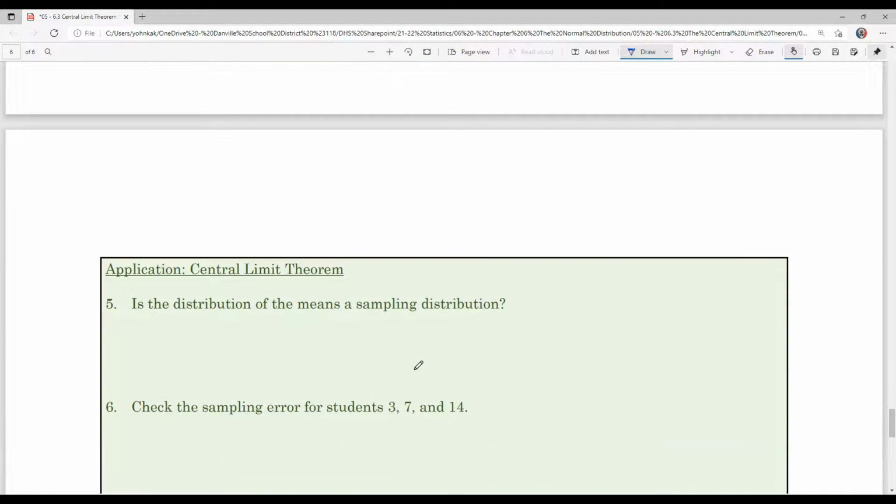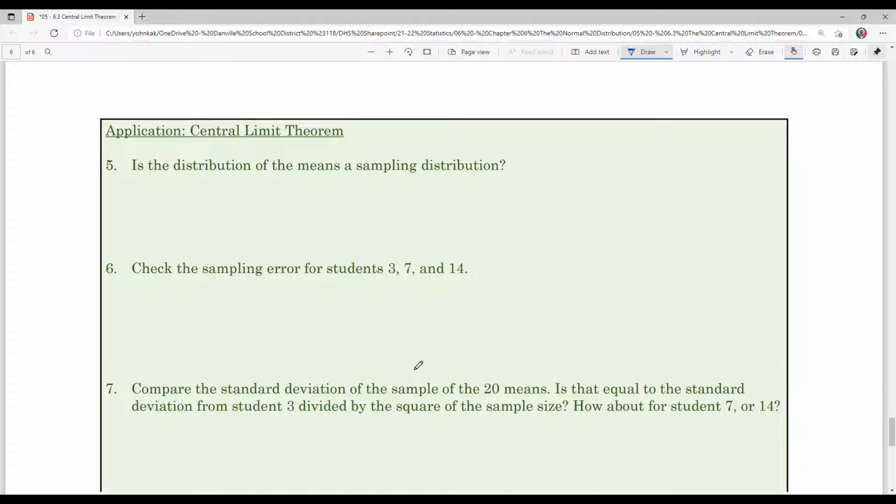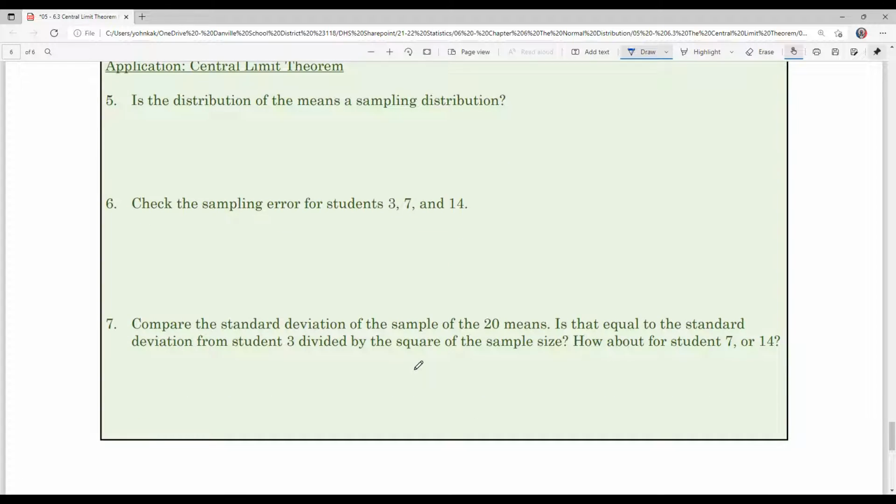All right, one more slide. Number 5, is the distribution of the sampling of the means a sampling distribution? And we're going to say no. The reason why it is not a sampling distribution is because we only included 20 of the possible samples, and there are many more.